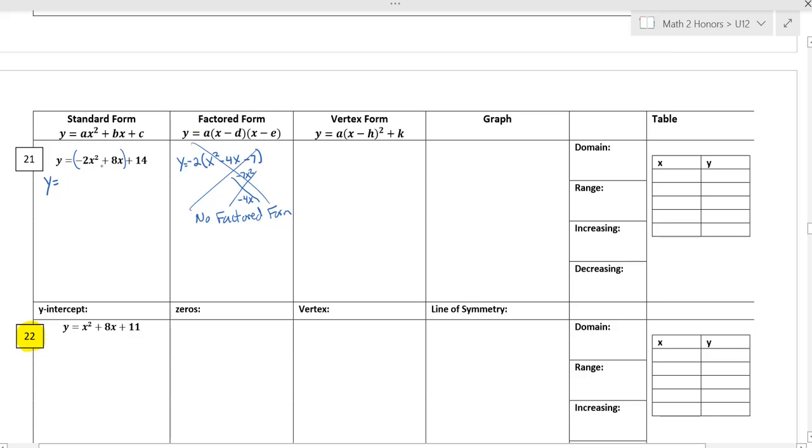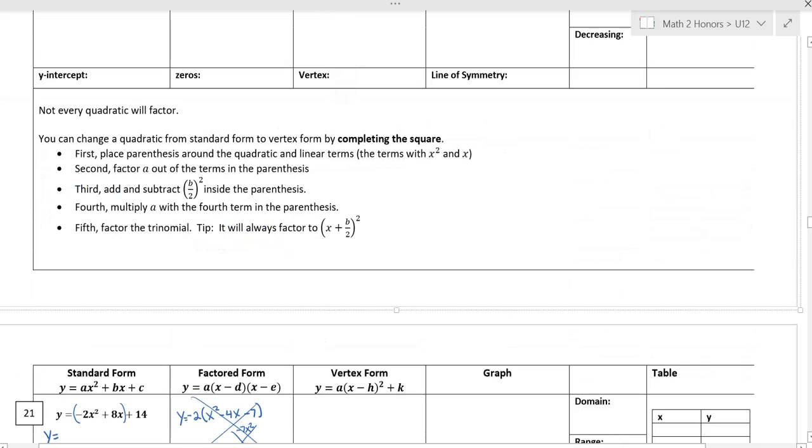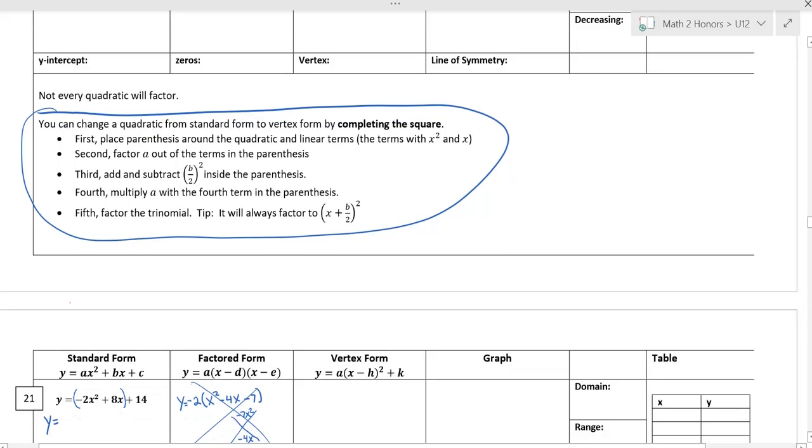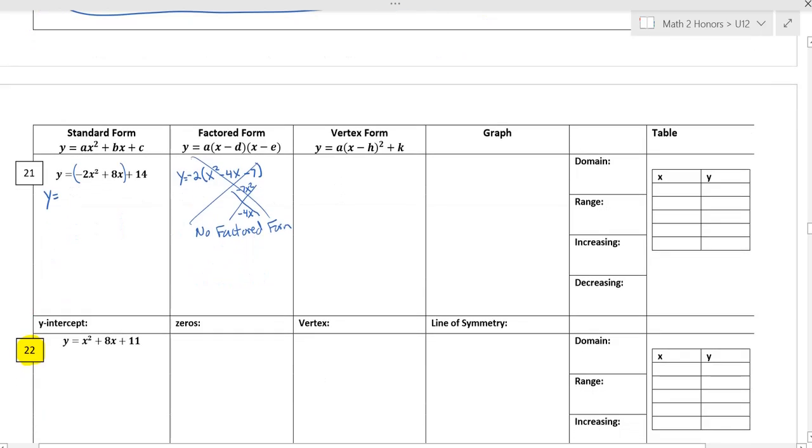Yes, there's an x, but I don't want to factor the x out. I want to leave the x. I'm only factoring a out. I'm following these steps here, one by one. So factor out a negative 2, and I'm left with x squared minus 4x plus 14.